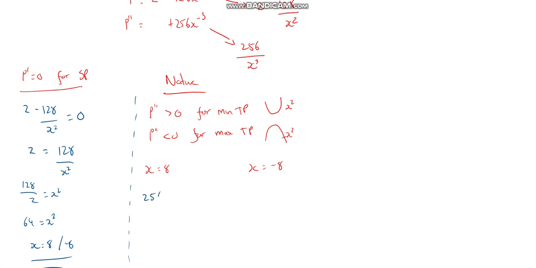So 256 over 8 cubed. 256 divided by negative 8 cubed. So I should say, p double dashed for negative 8 equals... Don't do that in your exam.